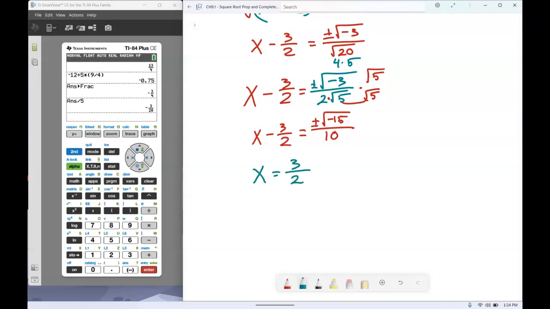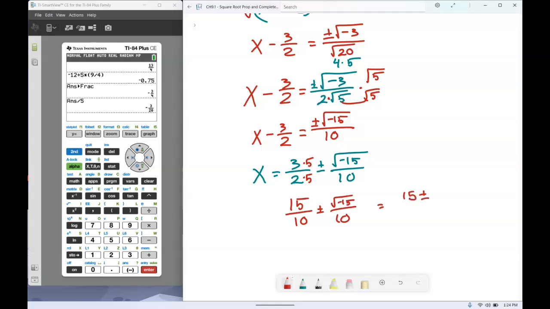We'll add 3 over 2, plus and minus the root of -15 over 10. And then we need that common denominator. 15 over 10 plus and minus root -15 over 10.